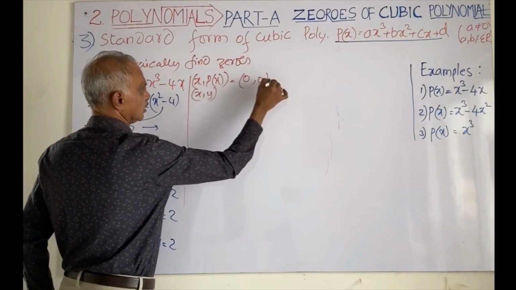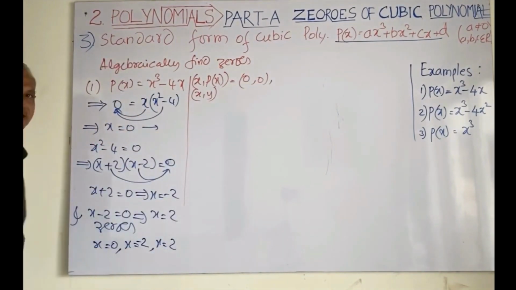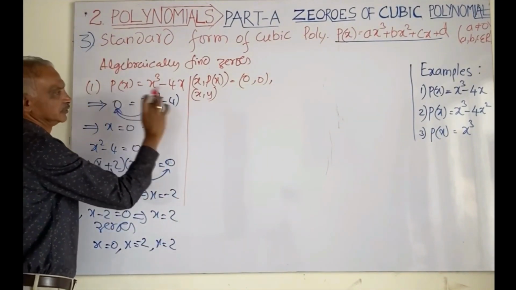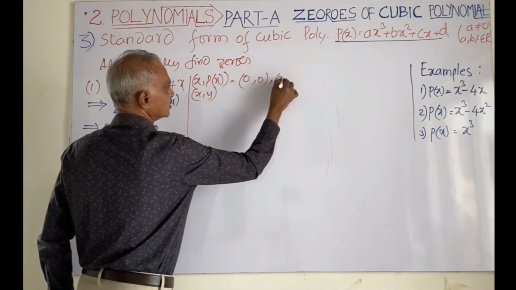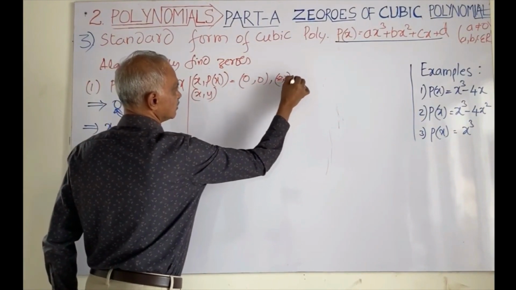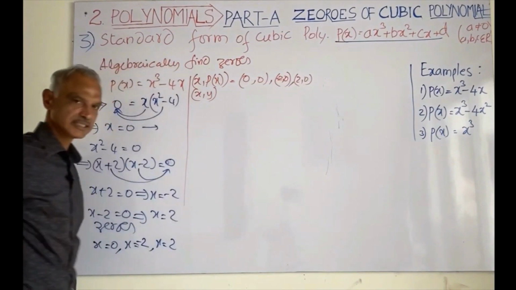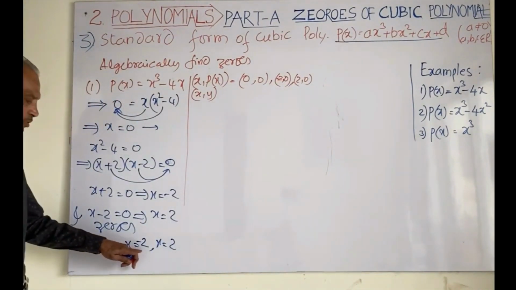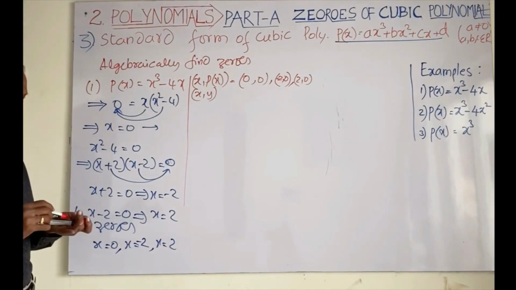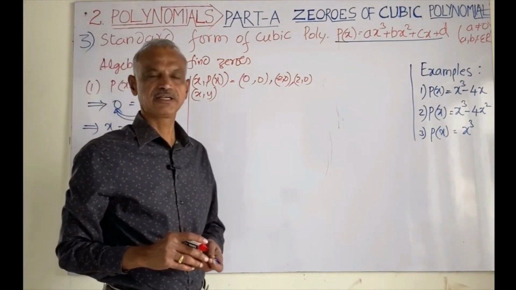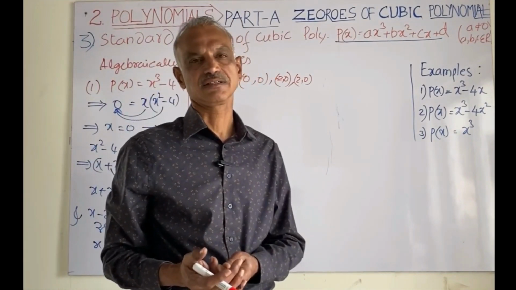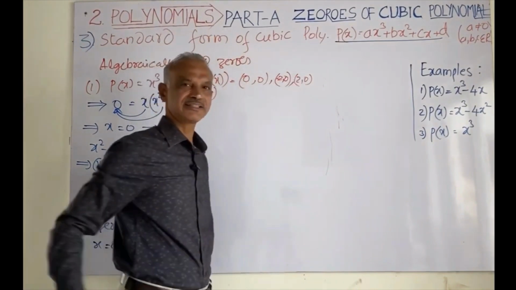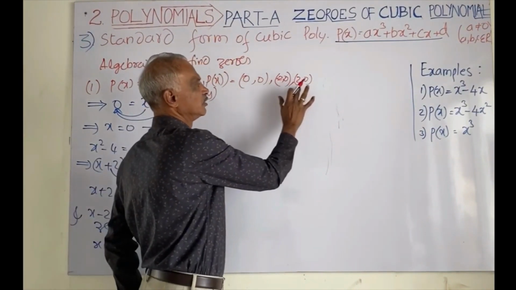If you substitute x is equal to minus 2 here, you will get 0: minus 2, 0. Then the other one is 2, 0. These are the zeros of the polynomial: 0, minus 2, 2. See, I will draw the rough graph. The graph of the cubic polynomial intersects the x-axis at 3 points. What are they? 0, 0; minus 2, 0; 2, 0.